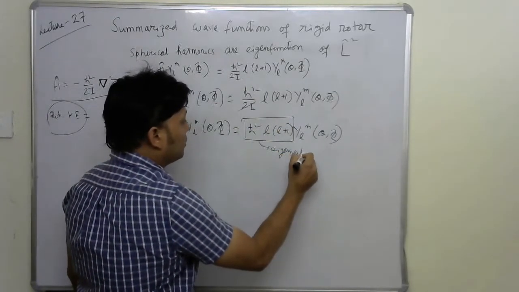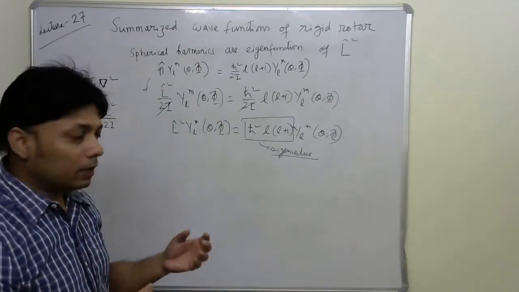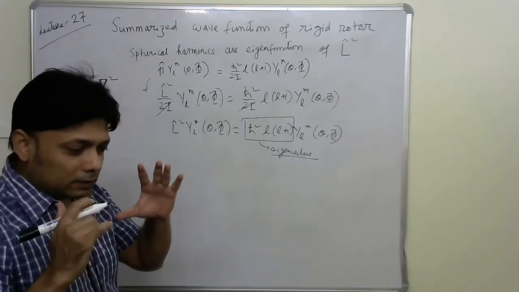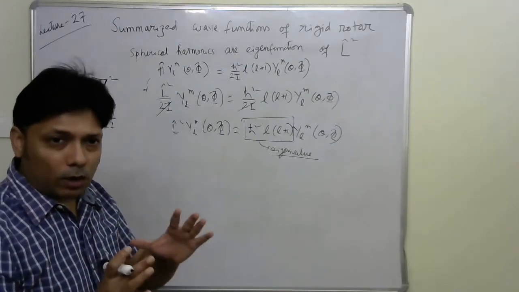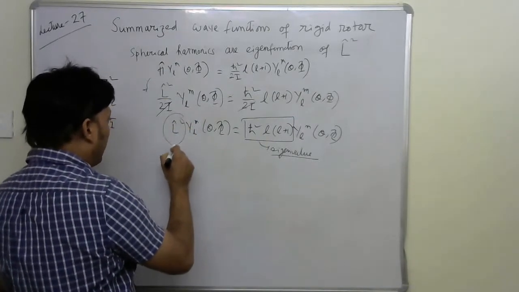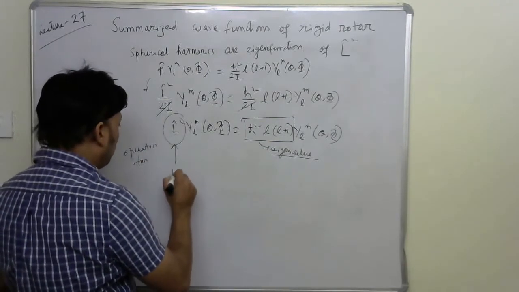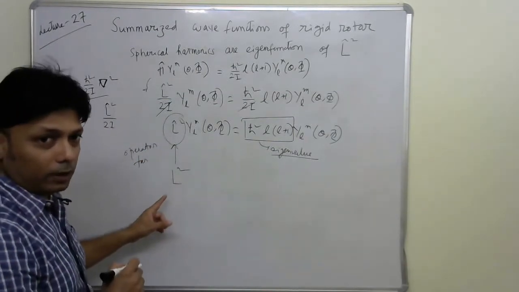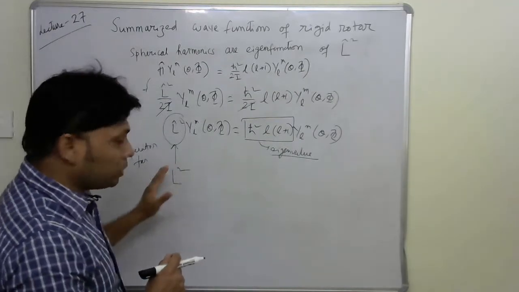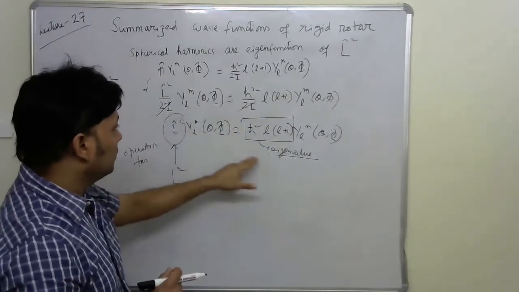Alright, so now whenever we have an eigenvalue, that corresponds to some observable. Observable means there should be an operator, an operator for a physical quantity that we are going to measure. So the operator L square actually is the operator for the angular momentum square. Definitely, if we want to measure L square, now we have the eigenvalue.